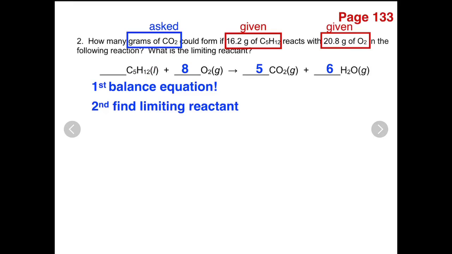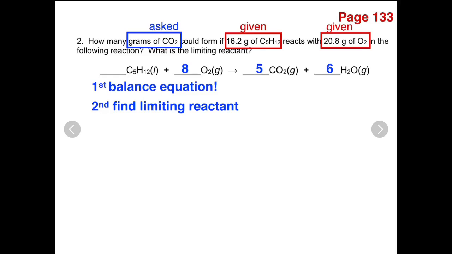You need to find which one is going to be all consumed at the end of the reaction, because one of them is all consumed and that amount converts into the product, and one of them will be in excess. That means at the end of the reaction, there will be some extra left. That's what it means.